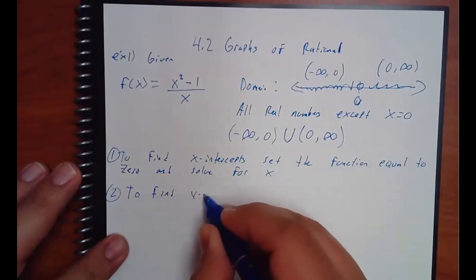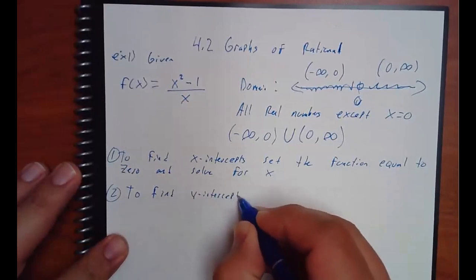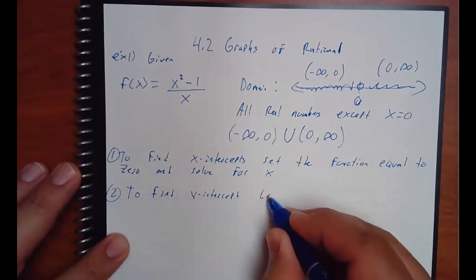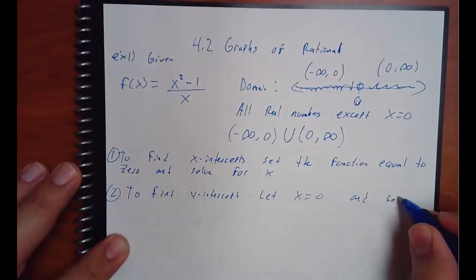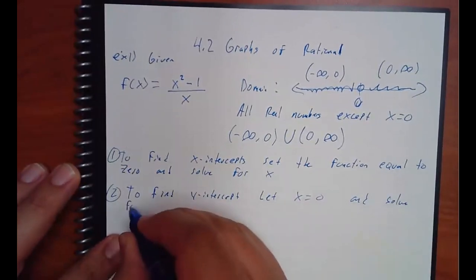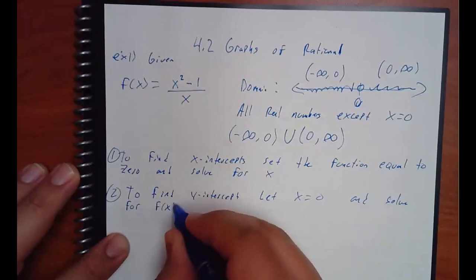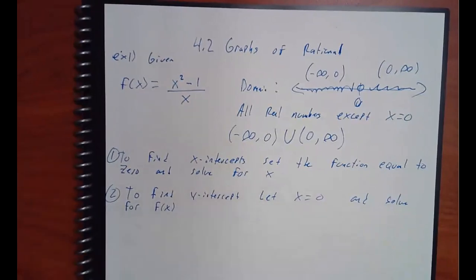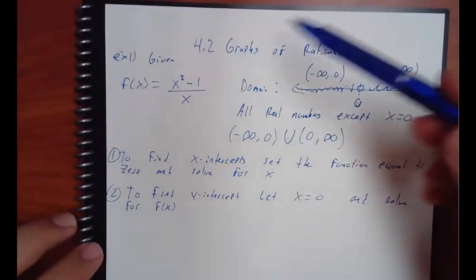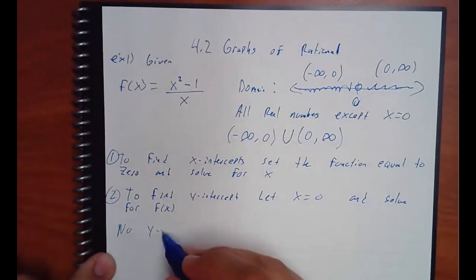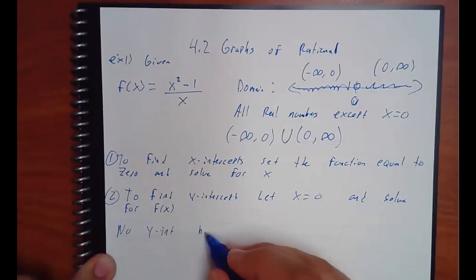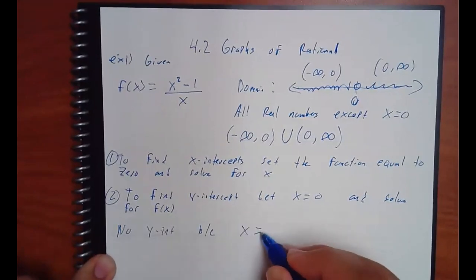To find y-intercept, let x equal 0 and solve for f of x. So basically just let x equal 0 and see what you get. That's all you're going to do. But I can't do it for this one, so there is no y-intercept, because x cannot be 0.